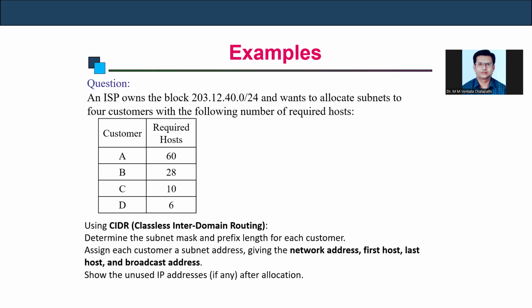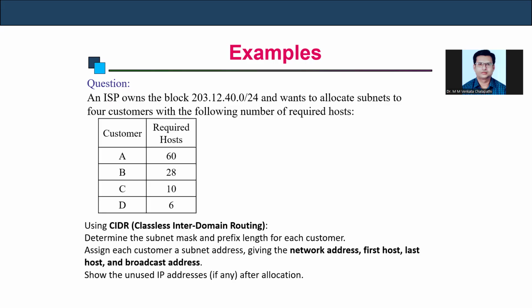He wants to divide this into subnets for four customers, say customer A, B, C, and D, who require hosts like 60 for A, 28 for B, 10 for C, and 6 hosts for D. You need to do it using classless inter-domain routing.